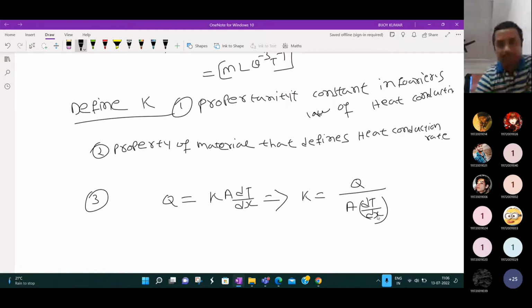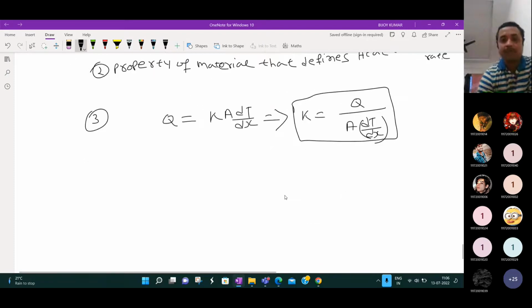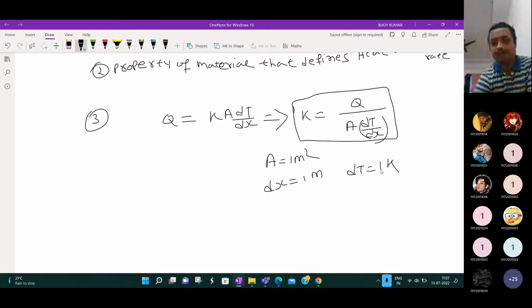Suppose area is equal to 1 meter square, delta x is equal to 1 meter, and delta T is equal to 1 Kelvin. We take these three things, area 1 meter square, 1 meter length, and temperature difference 1 Kelvin.